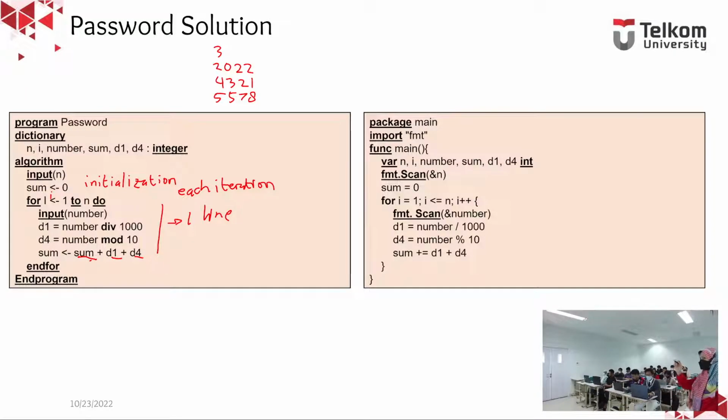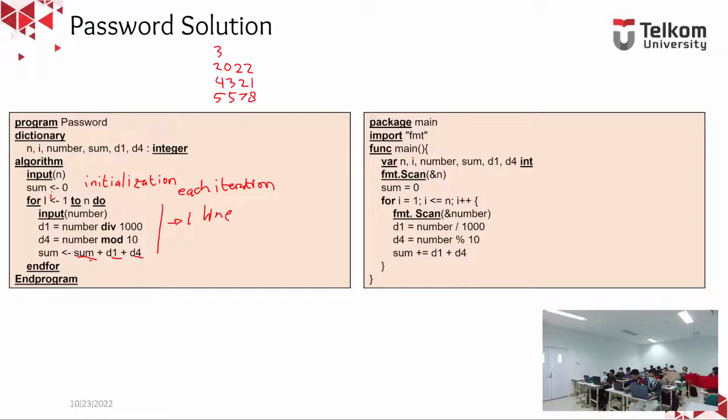For example, iteration number 1: I is equal to 1, and the input is 2, 0, 2, 2. What is the value of D1? What is the value of D4? And what is the value of sum? Next, go to iteration number 2. What is the value of I, D1, D4, and sum?